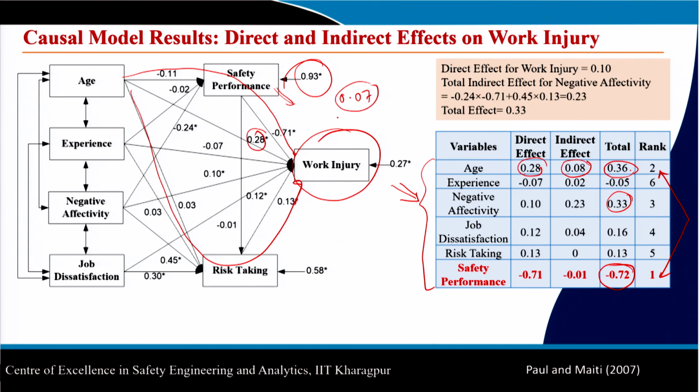So although this model tells that safety performance is an important variable, why safety performance is poor in the accident group, this model is not able to tell you.